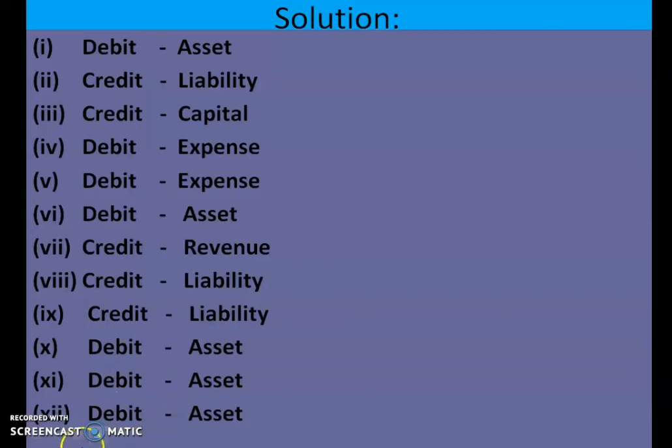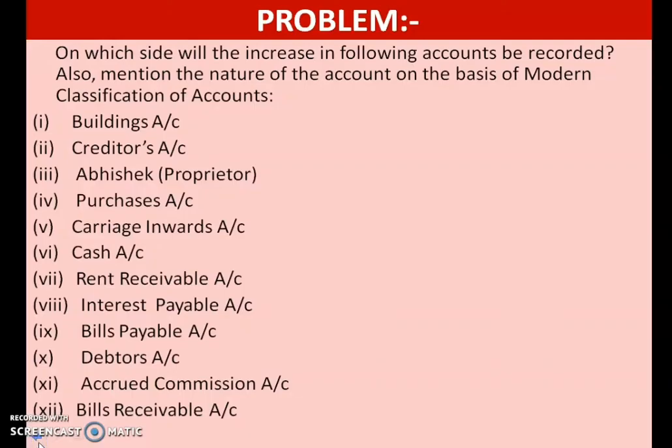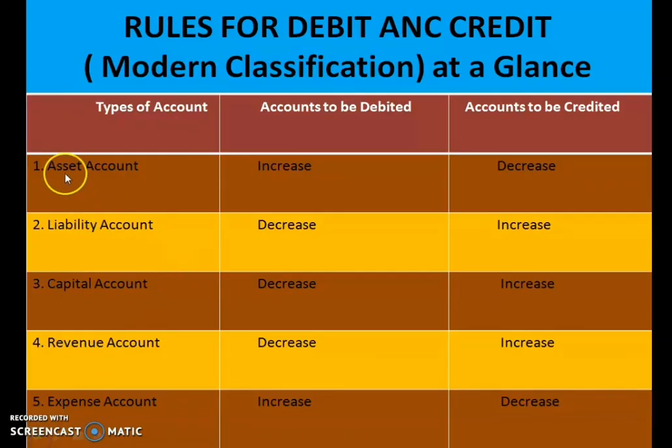I hope with this problem the things are clear to you. What you have to do is study this modern classification rule of debit and credit as it is. Just remember that for assets and expenses, the rule is the same. If asset is increasing, you have to show it on the debit side. If asset is decreasing, then you have to show it on the credit side.